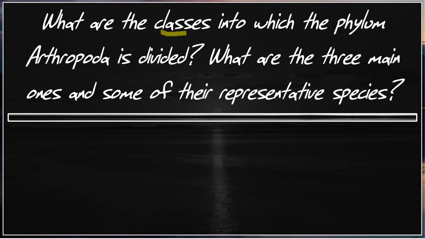What are the classes into which phylum Arthropoda is divided? What are the three main ones and some of their representative species?